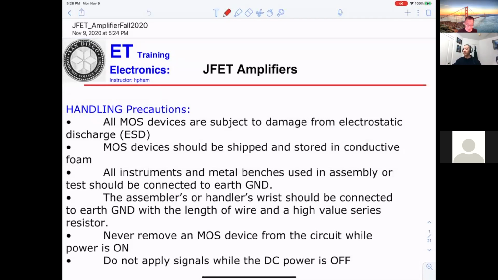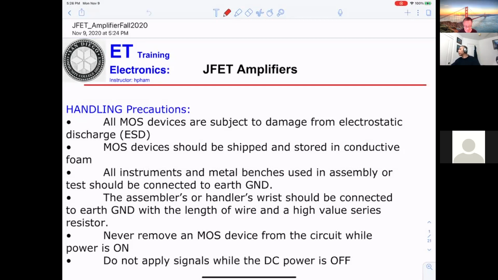Okay, so today we will start with the JFET amplifier. I think last time we already gave you the handout for JFET, on how to handle the MOSFET and JFET.